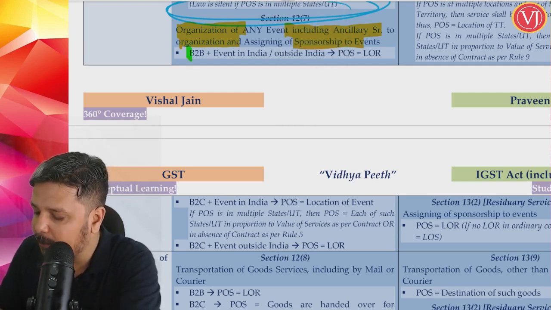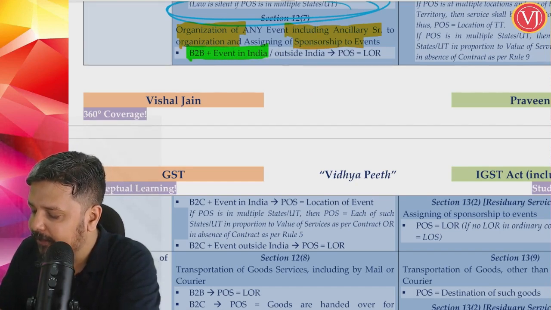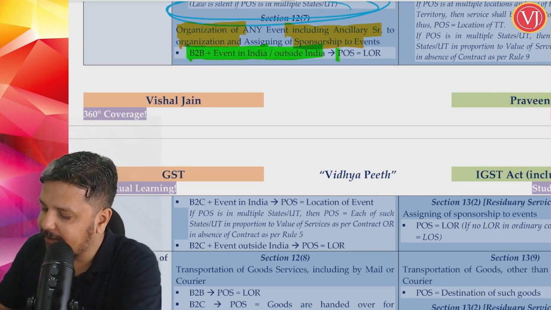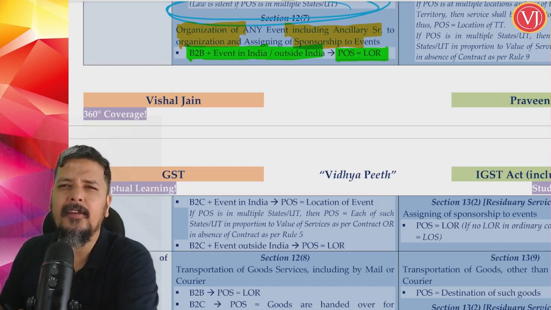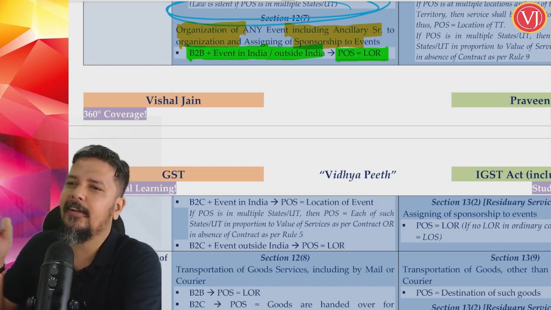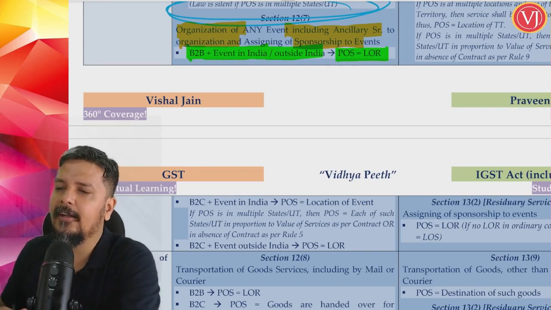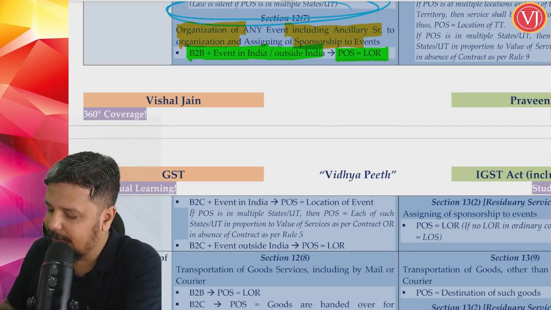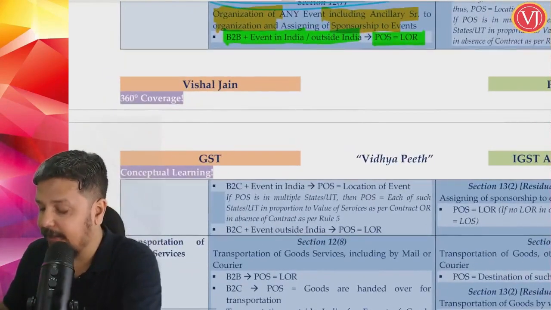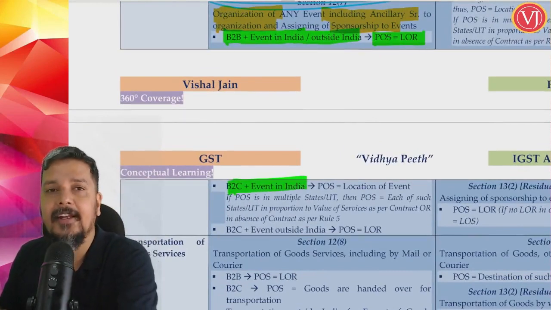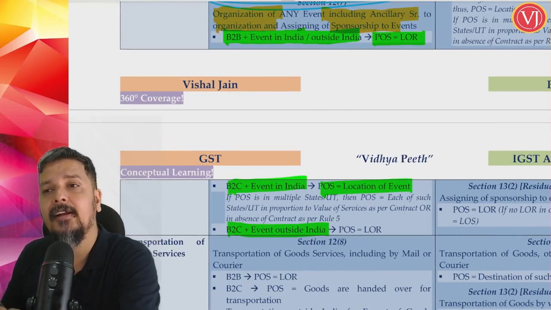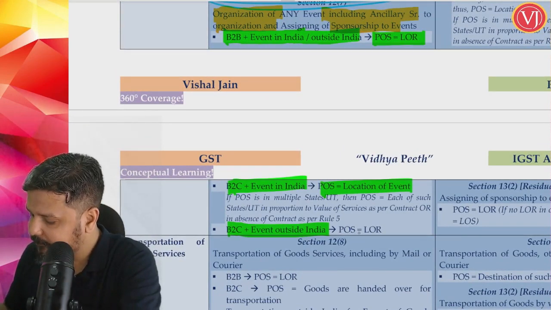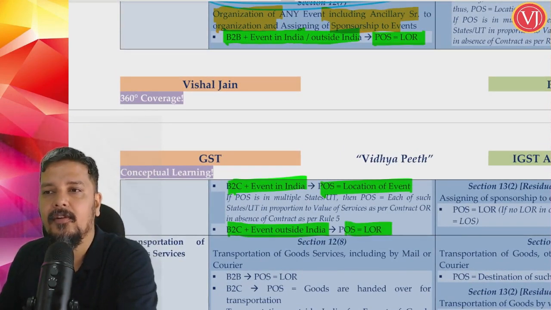If it is B2B, whether the event is in India or outside India, place of supply is the location of the recipient. If it is B2B, they don't worry. If it is B2C, they now start worrying. If the event is in India, it is the location of the event. If it is B2C and the event is outside India, it is the location of the recipient.